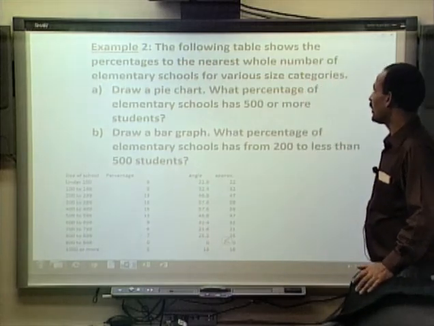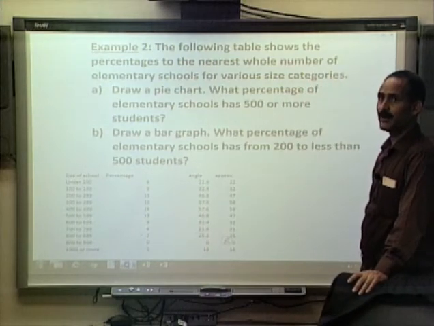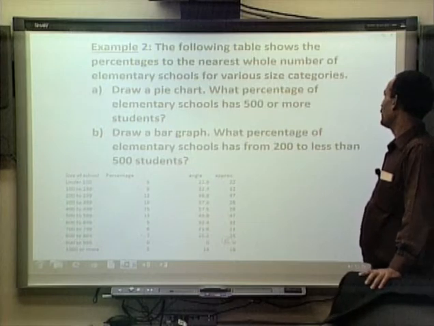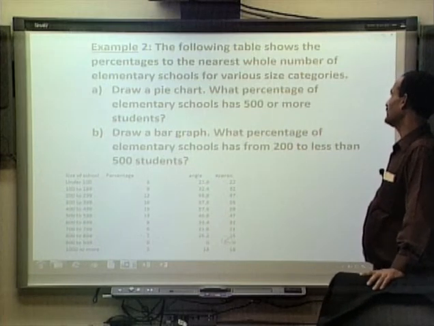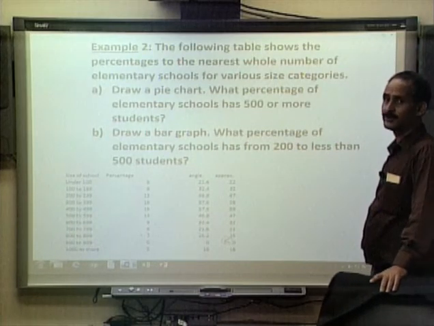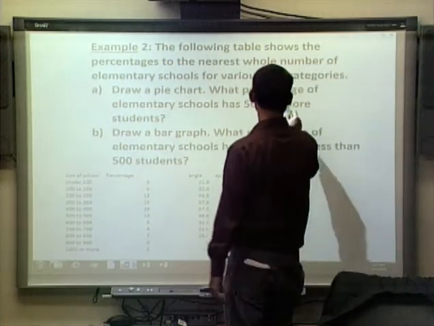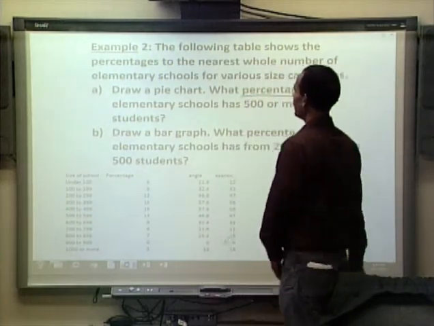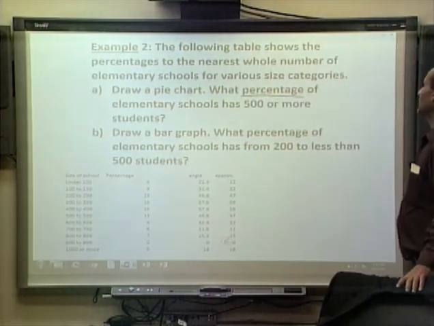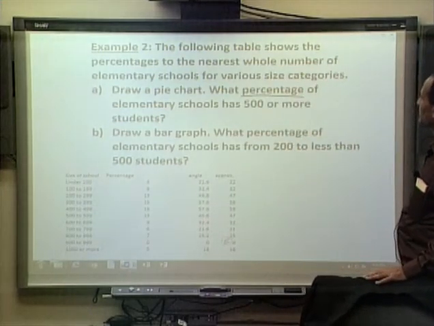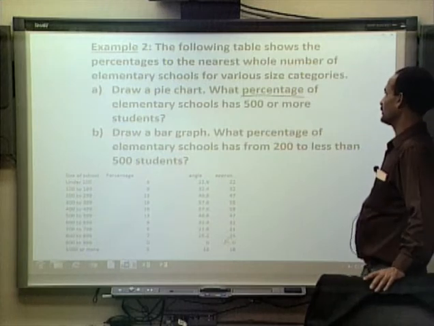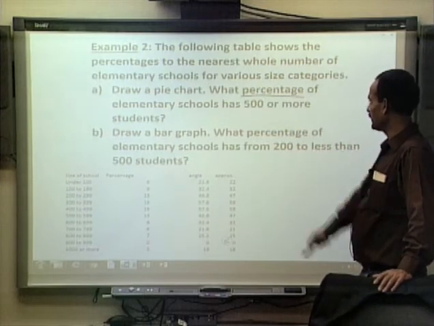The question is draw a pie chart, and find what percent of the elementary schools have 500 or more students. Well, this is already given in percentage, so that is fine.